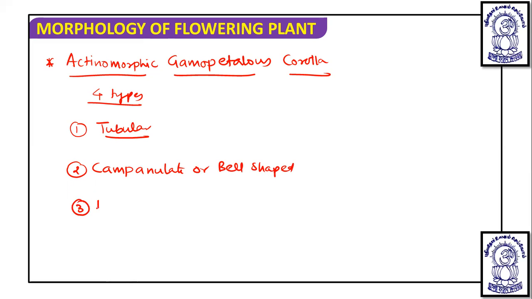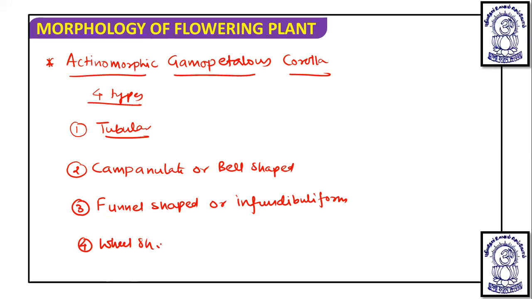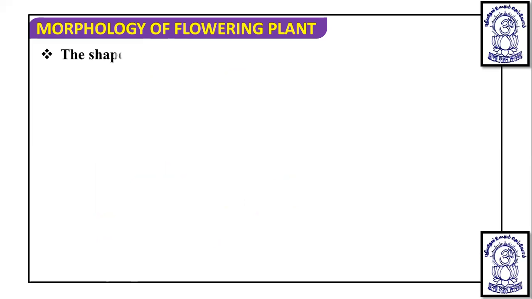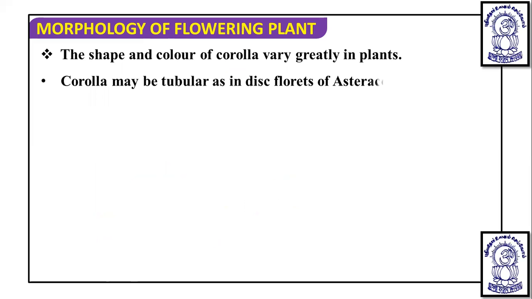Third one is funnel shape or infundibuliform. And fourth one is wheel shaped or rotate. So now if we talk about these four types, first we will be discussing the tubular type.